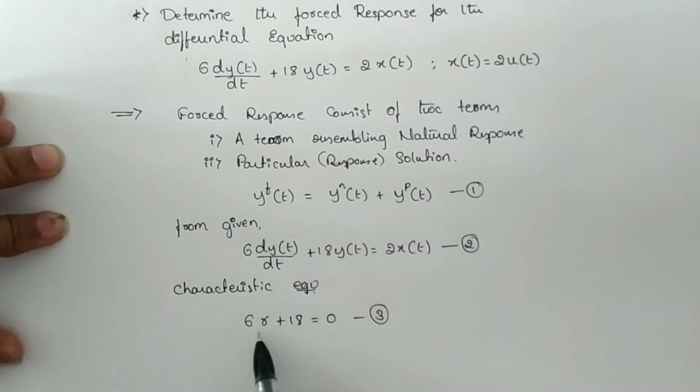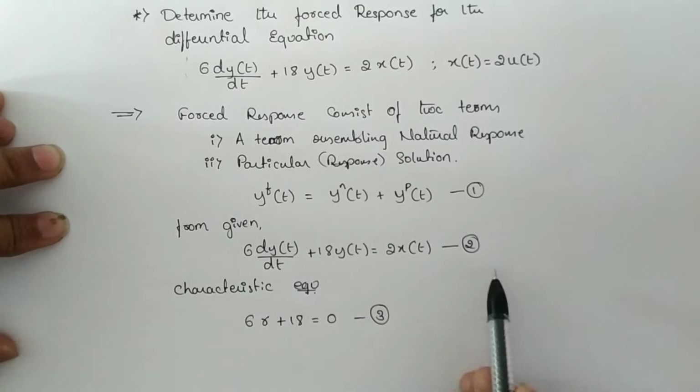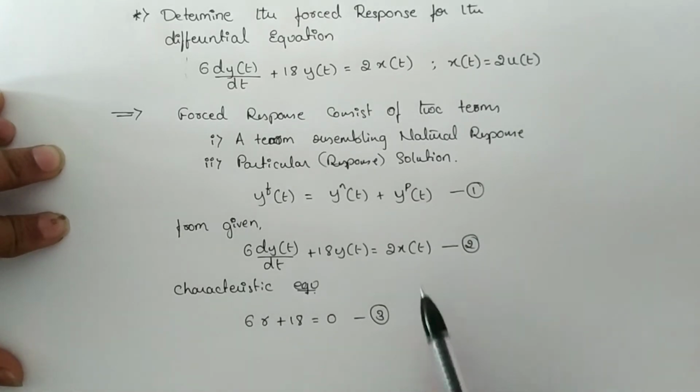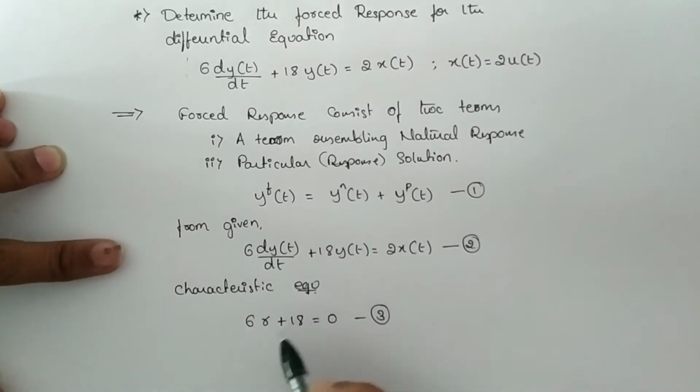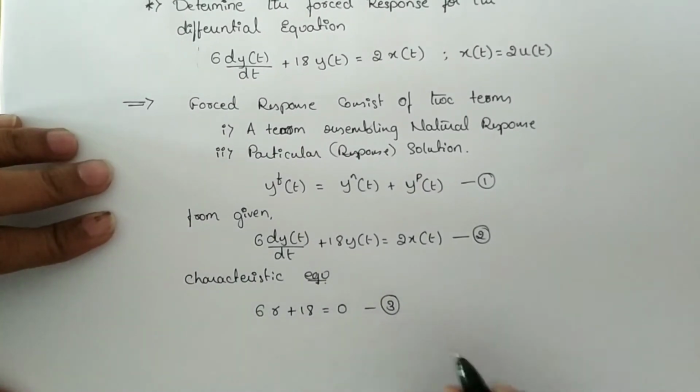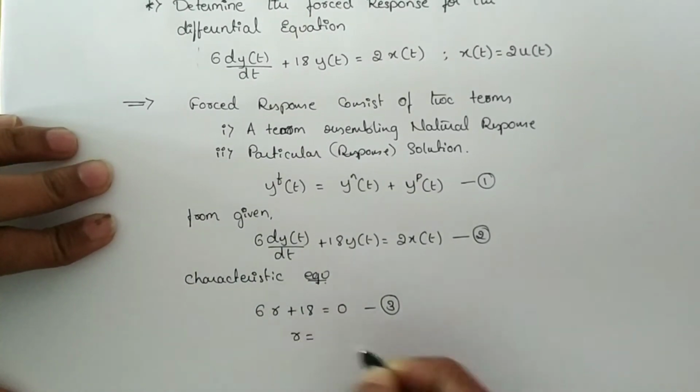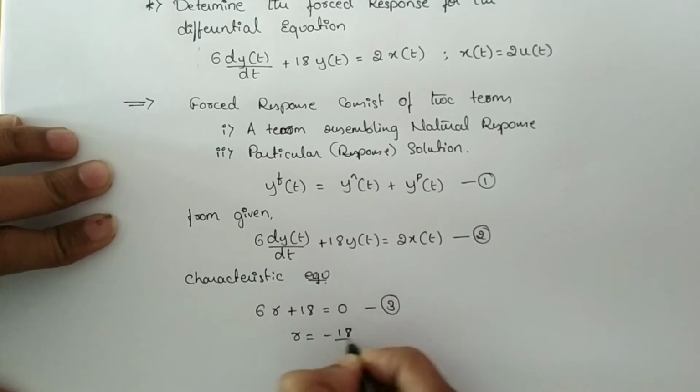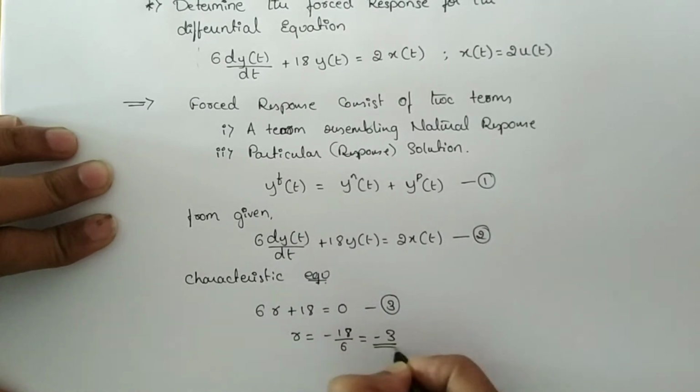To know about the characteristic equation from equation number 2, please go back to the previous video, where in the natural response I have explained clearly how we got 6r + 18 = 0. Now from equation number 3, we can write r = -18/6, or we can say it as -3. The value of r is -3.